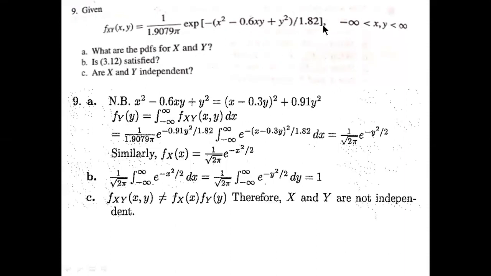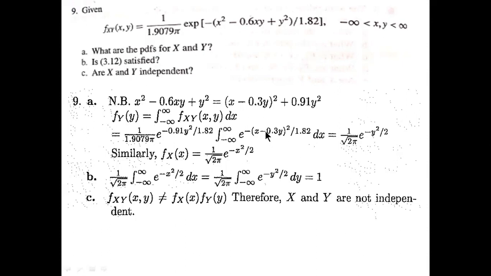Okay, this is 1.82 as it is, and when I try to integrate with respect to x, then the quantity of y can be taken out and only x will remain, and you need to integrate this, and the integral of this turns out to be this.